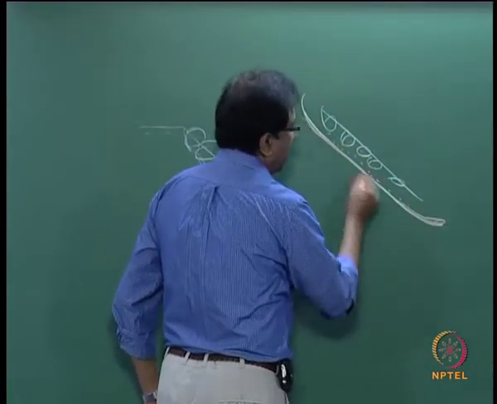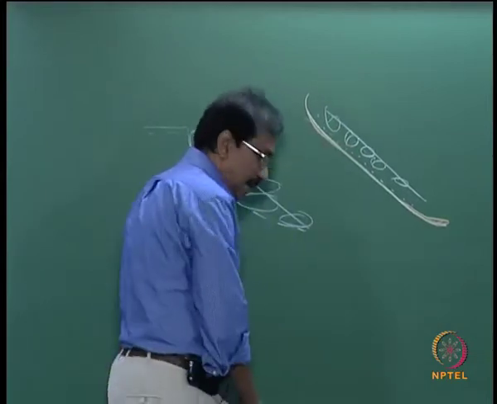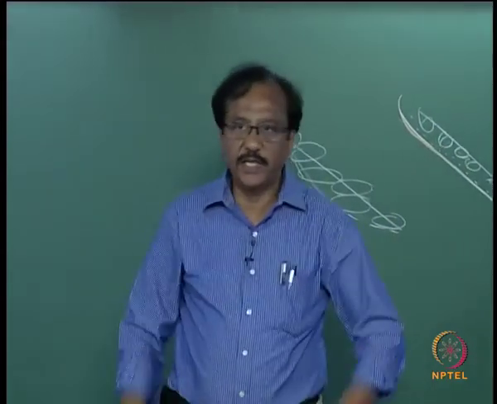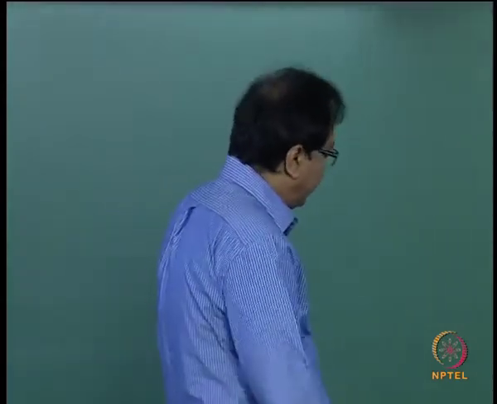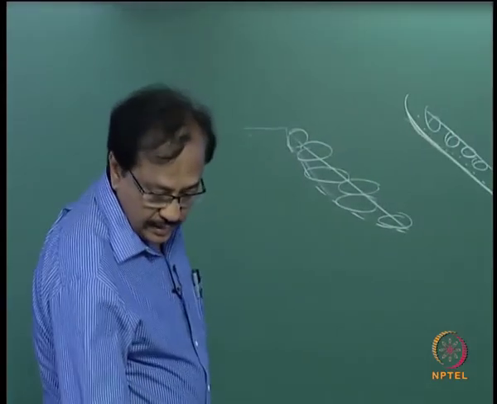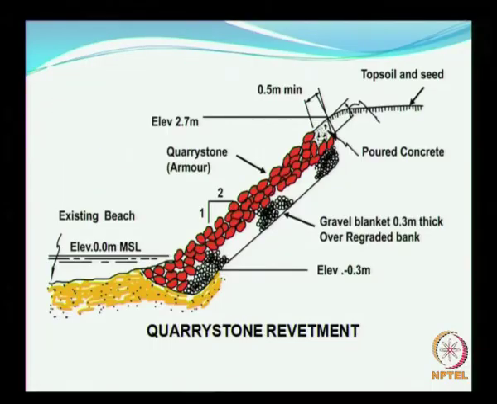So you have the geotextile, over which you can have the filter layer, and over which you can have the stones put. This is the general way of adopting the revetment for protecting your banks.